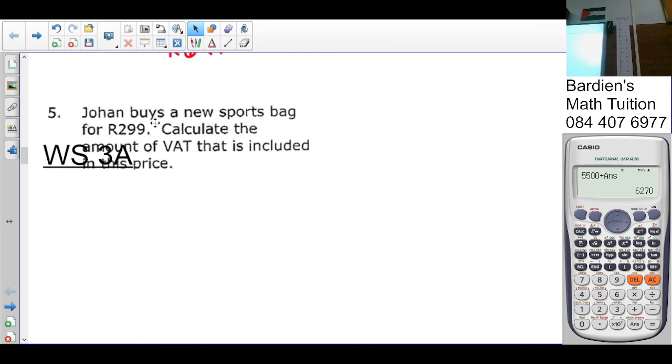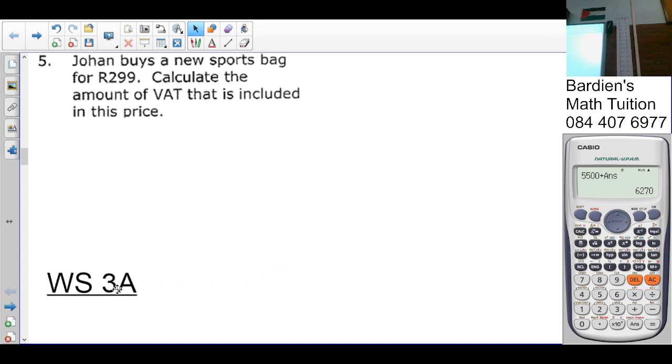Number 5. We are told that Johan buys a new sports bag for 299 Rand. Calculate the amount of VAT that is included in this price. So here the VAT was added already.